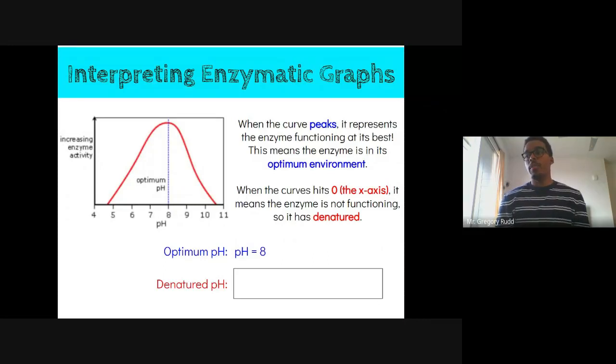At what pH or pHs is this enzyme going to be denatured? Be careful with this part. This part's a little less obvious. What are the denatured pHs?